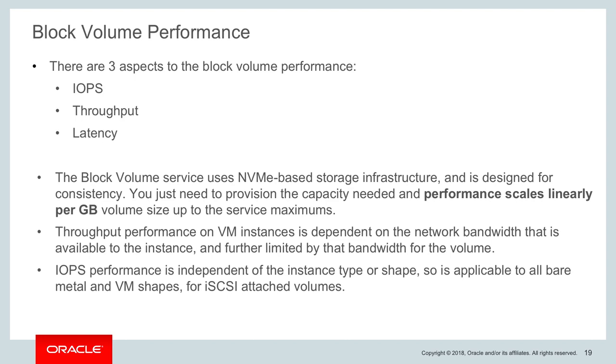It depends on the shape that you're using, along with your storage, and that will impact the throughput of your performance. IOPS performance is independent of the instance type or shape. It's always applicable for all the bare metal and virtual machine shapes, and for iSCSI attached volumes as well.